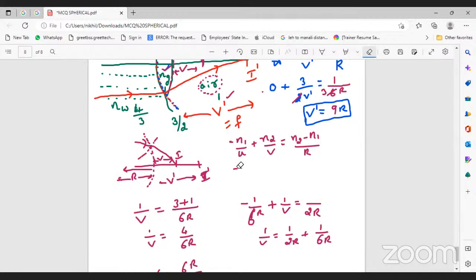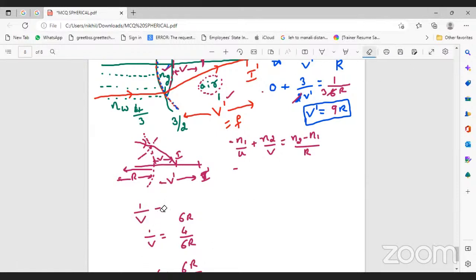Wait, I will erase and rewrite. For the second refraction, which will be the object?